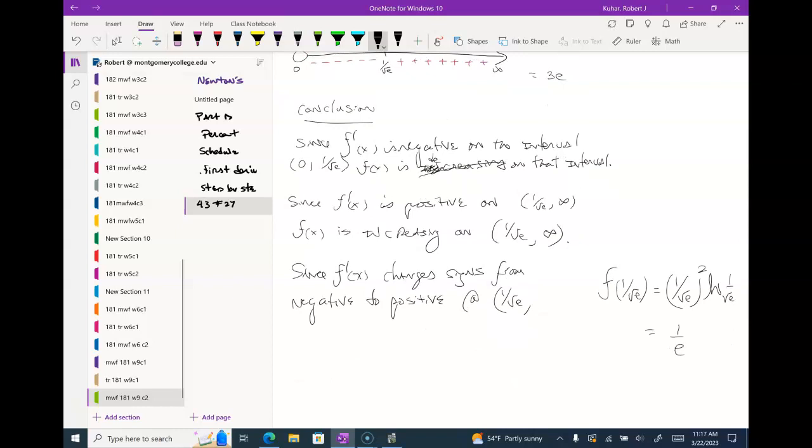That's 1 over e times negative 1/2, negative 1 over 2e.